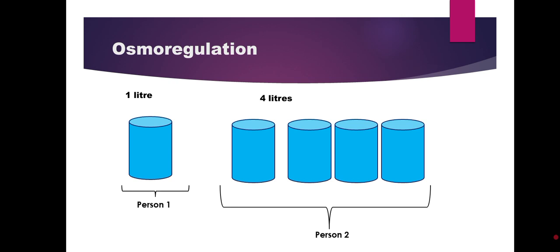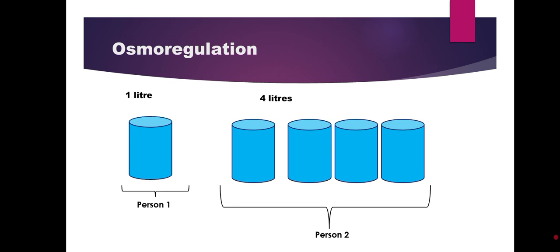That person didn't drink sufficient water. So obviously we need the water. So that means the water levels are below normal. So that means lots of ADH will be released and lots of water will be reabsorbed, right?